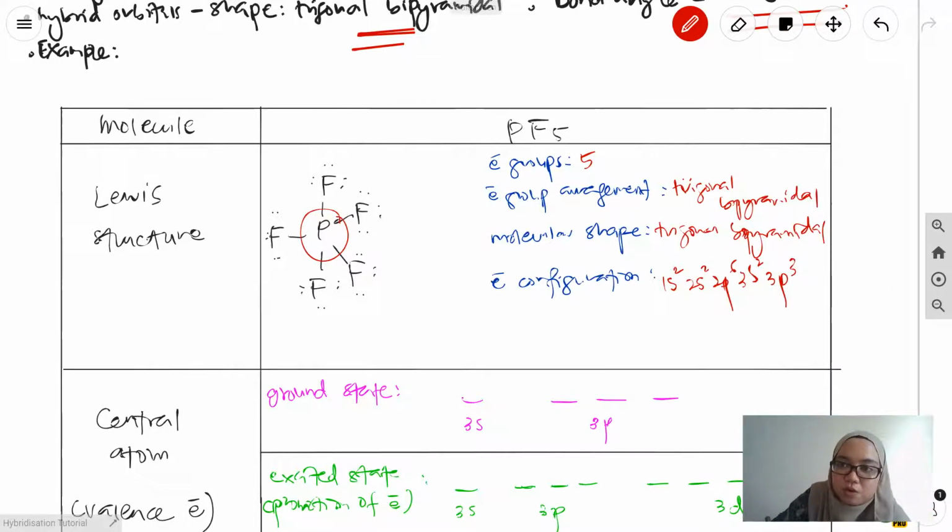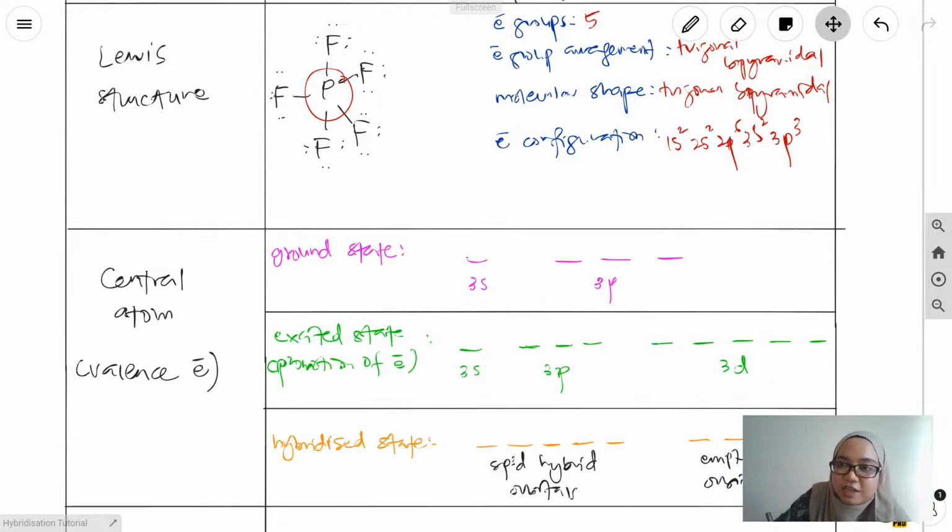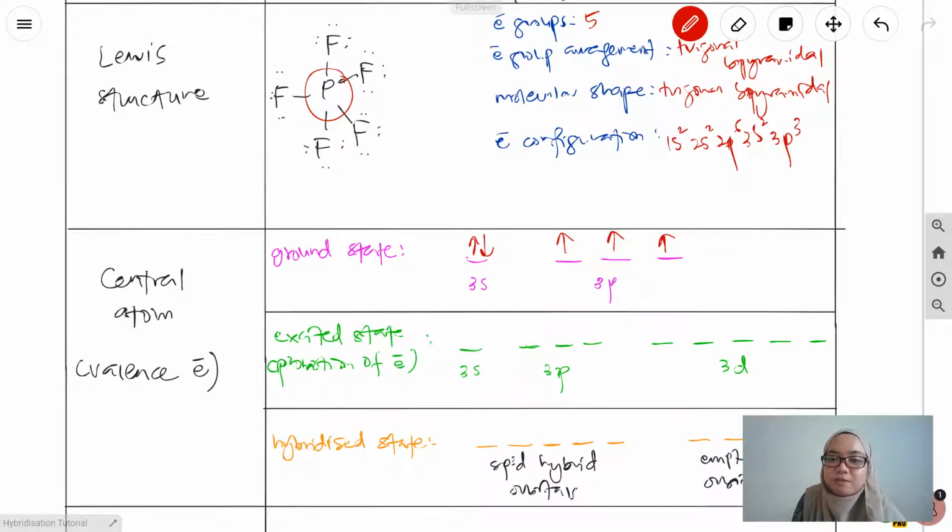Okay, so we need to focus on the central atom because the hybridization process occurs at the central atom. So look at the ground state for the valence electron. It has 3s2 and 3p3. Okay, now look. We need 5 unpaired electrons to form 5 covalent bonds between P and F atoms. But now we only have 3. But look, we need sp3d hybridized orbitals.